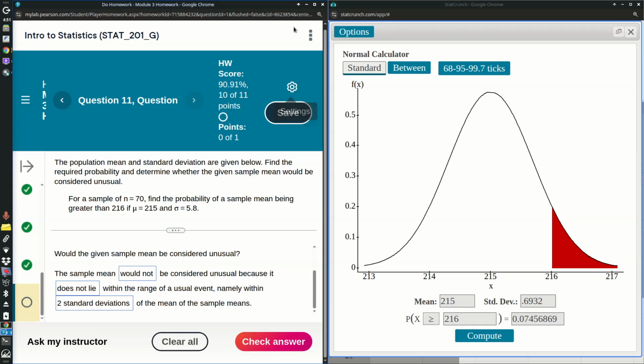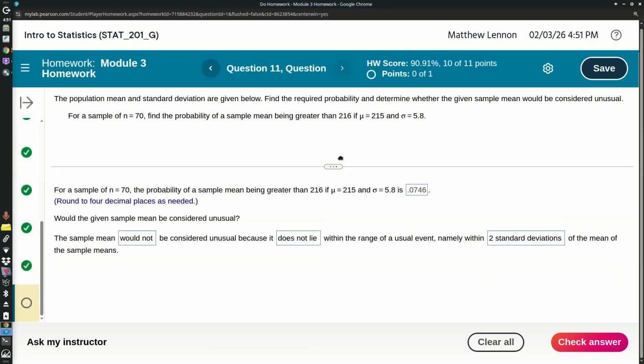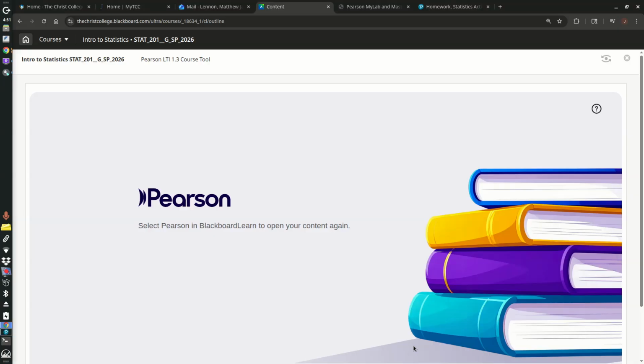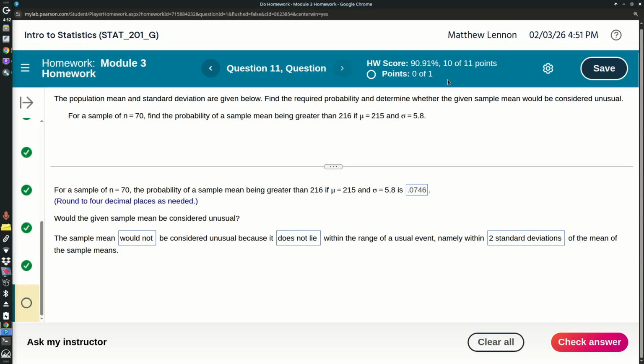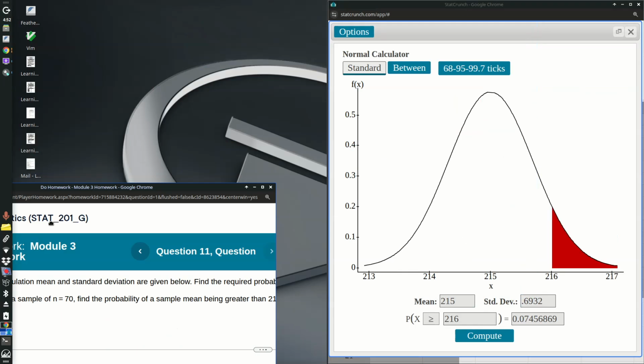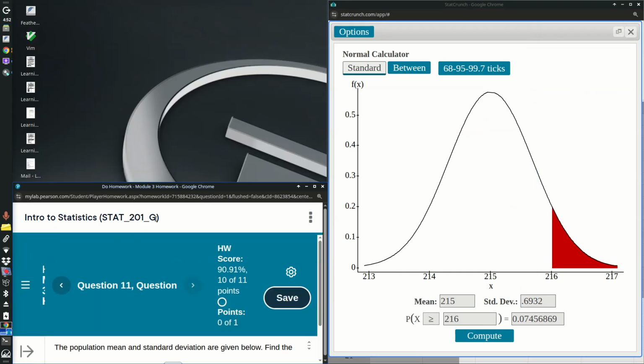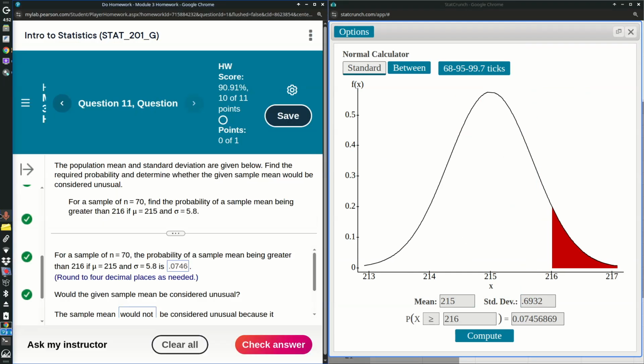Okay, of course something's incorrect. 0.0746. Sorry, 4 decimal places. Did I round wrong somewhere? So for a sample of 70, the probability of a sample mean being greater than 216, mean is 215, 5.8 divided by the square root of 70.